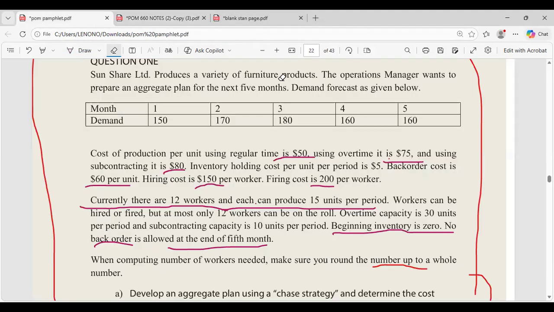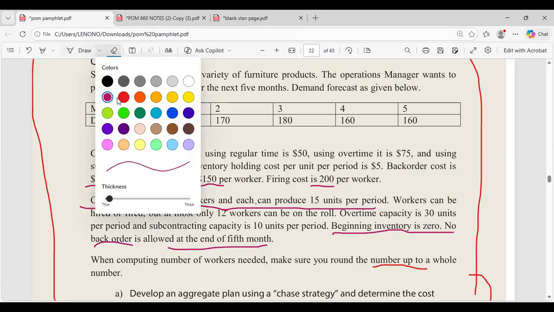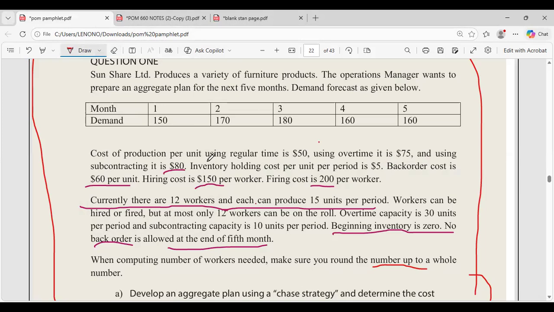Now, they have told us the cost of production using regular time. What is the cost of production using regular time? It is $50 per unit.